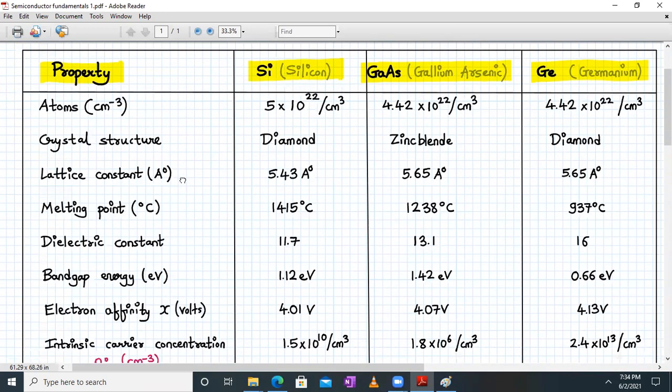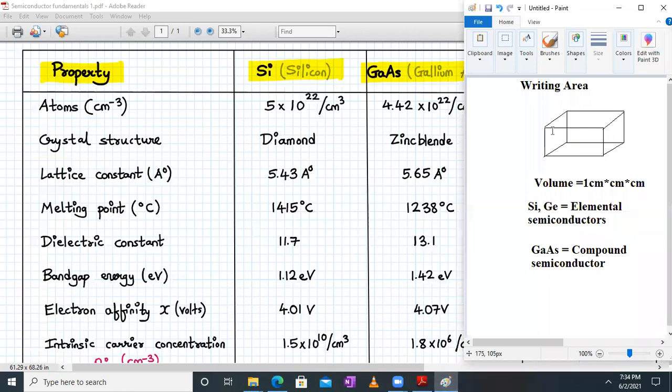Now lattice constant: the distance between two silicon atoms is my lattice constant. So let's say our silicon atoms are placed over here.